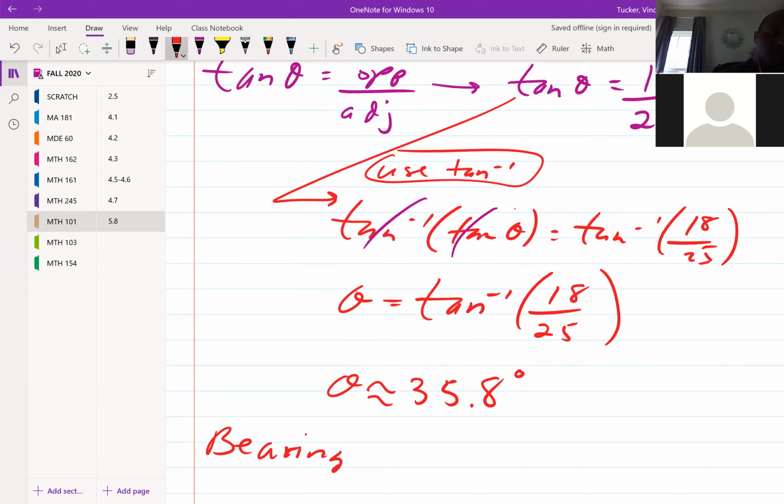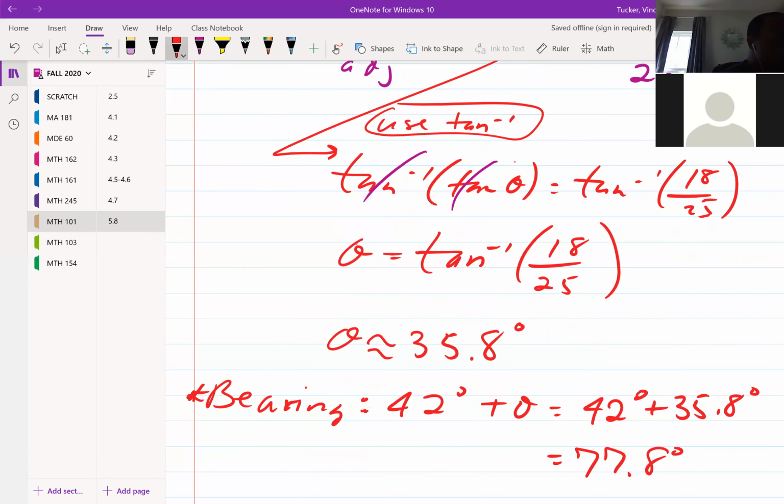So this means the bearing is going to be 42 degrees plus theta, 42 degrees plus that 35.8, which means it's going to be 77.8 degrees.